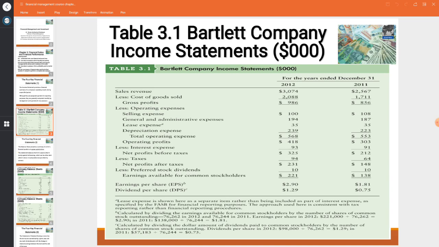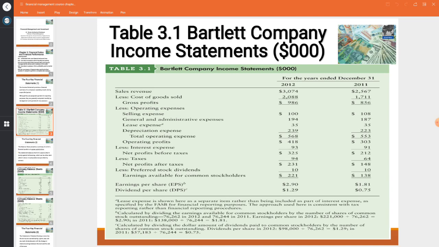For example, in 2012 our earnings available for common stockholders is 221,000. Then we divide it by the number of shares of common stock outstanding, which in this exercise is 67,262. Then we are able to determine what we call EPS, earnings per share.